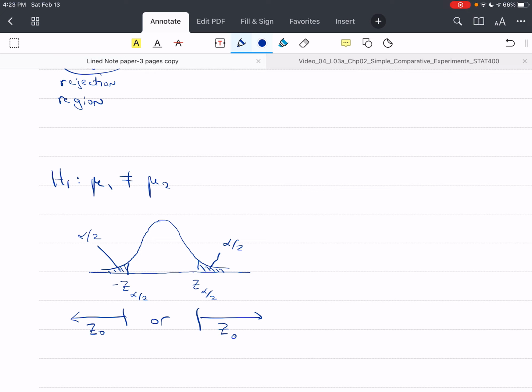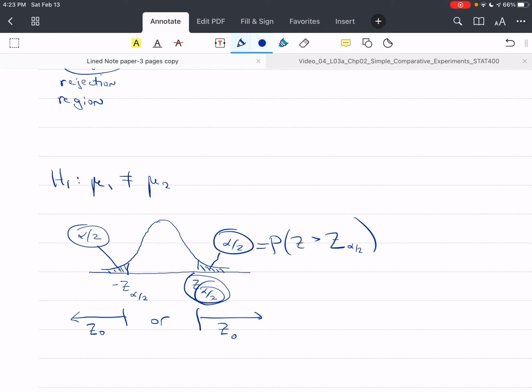So what we do is we split it up into the two tails. So half of it here and half of it here. And when we add these two together, we get alpha. So now we have to adjust our critical value. So instead of alpha, we have z sub alpha over 2, because that's the subscript here. This is the probability that z is greater than z sub alpha over 2.